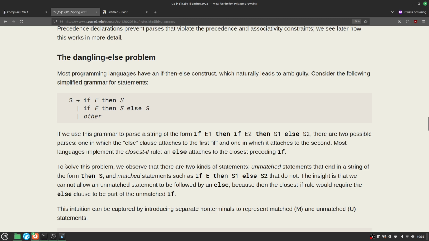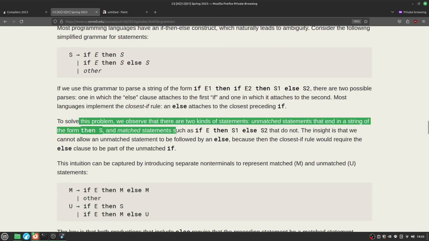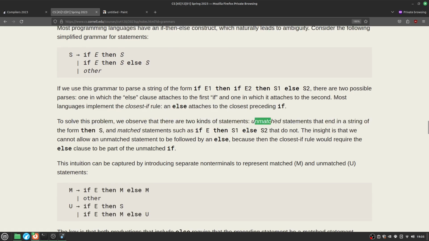To solve this problem, we observe that there are two kinds of statements: unmatched statements that end in a string of the form then S, and matched statements such as if E then S1 else S2 that do not.